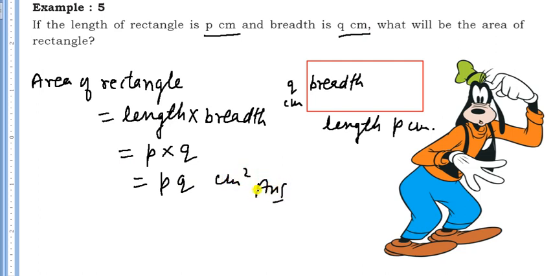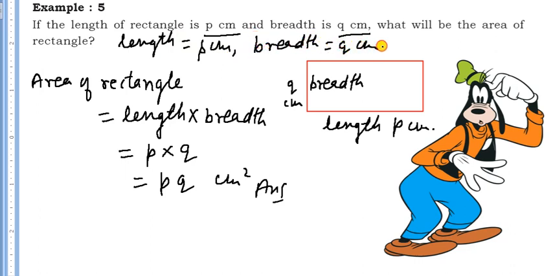That is your answer. First you have to write the length, p centimeters, and the breadth, q centimeters. Then you can apply the formula and get the answer. It's very easy.